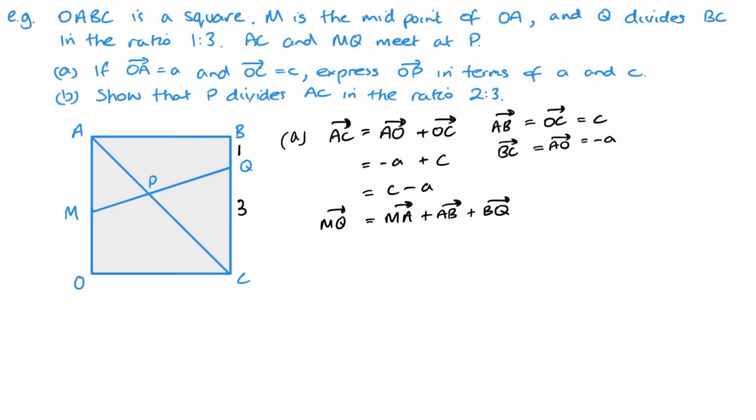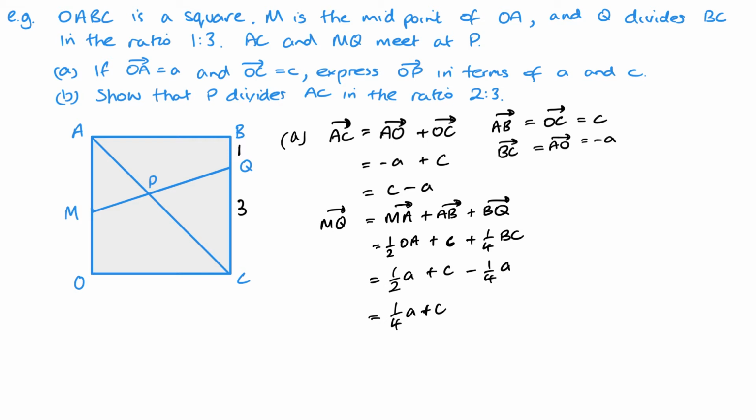Okay, so I'm purposely going round in the ones that I know. So MA is going to be half of OA, AB is going to be the same as OC, which is C, and BQ is going to be 1/4 of BC. So we got a half A plus C, and BC was minus A, so we got minus 1/4 A. So that gives me 1/4 A plus C.